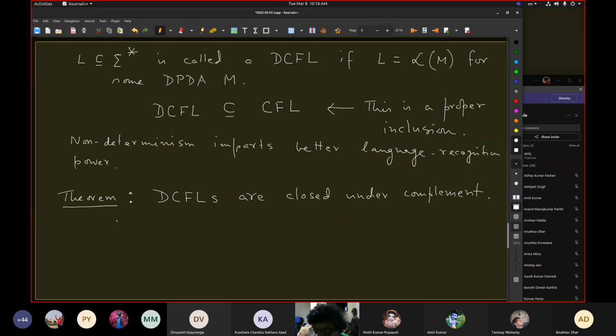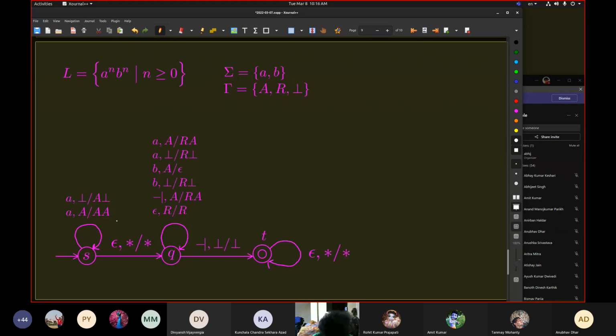Okay. So before going further, let us look at an example of a deterministic context-free language. So I consider this language a^n b^n. Now what I will do, this sigma is definitely a, b, but I will use a symbol capital A to count the number of a's, and then I will match that count with b's. This is the usual thing.